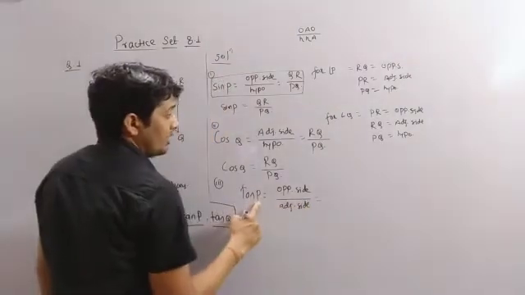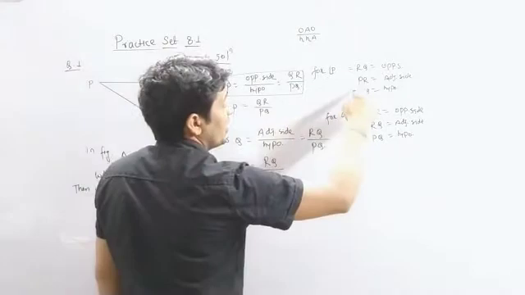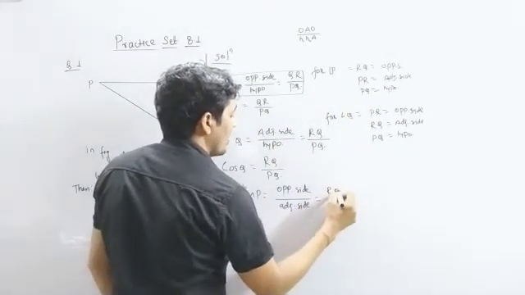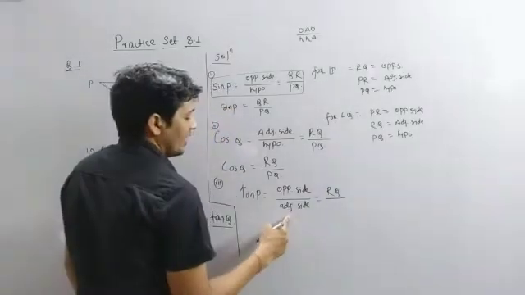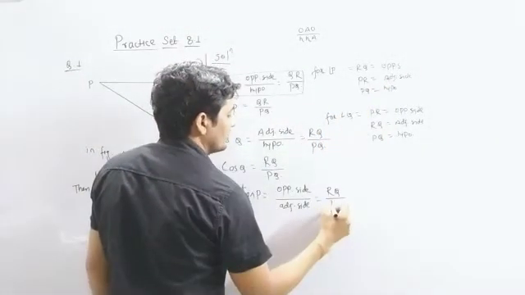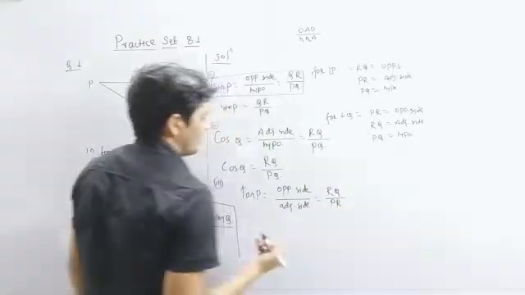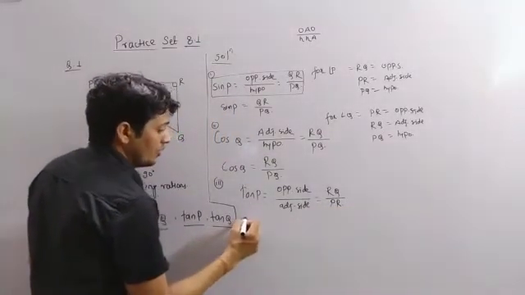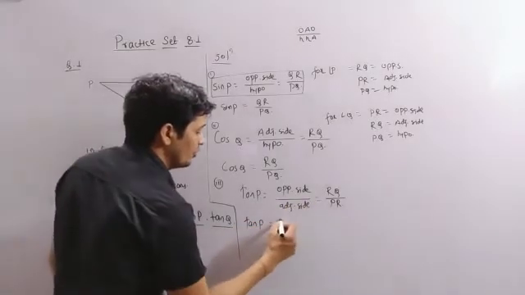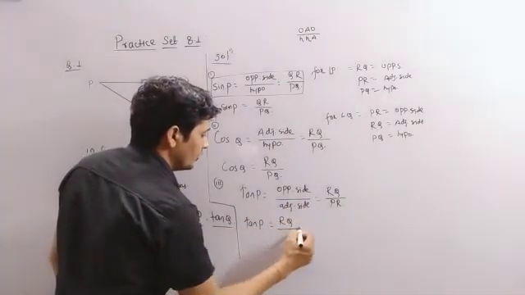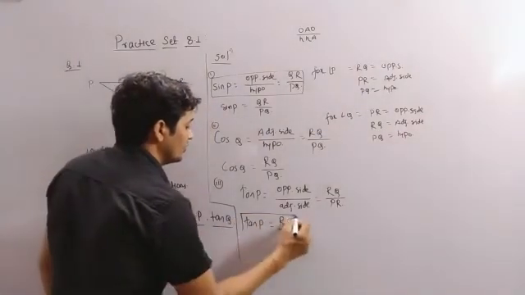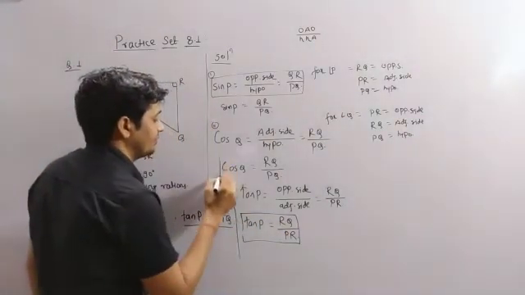For P, the opposite side is RQ and the adjacent side is PR. So we can write tan P equals RQ divided by PR. So this is the answer.